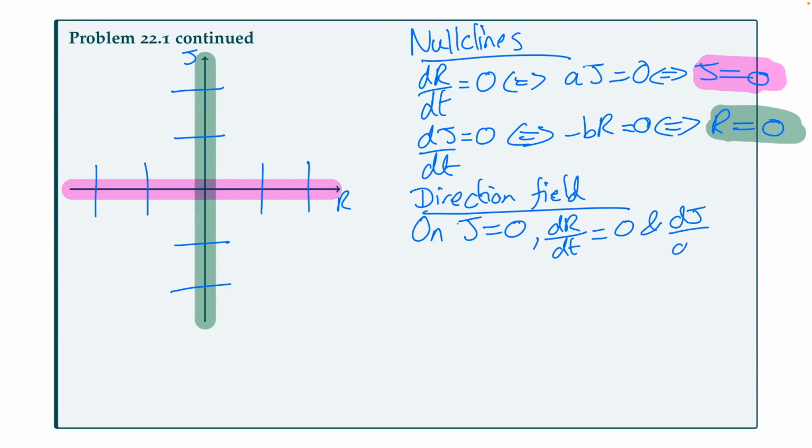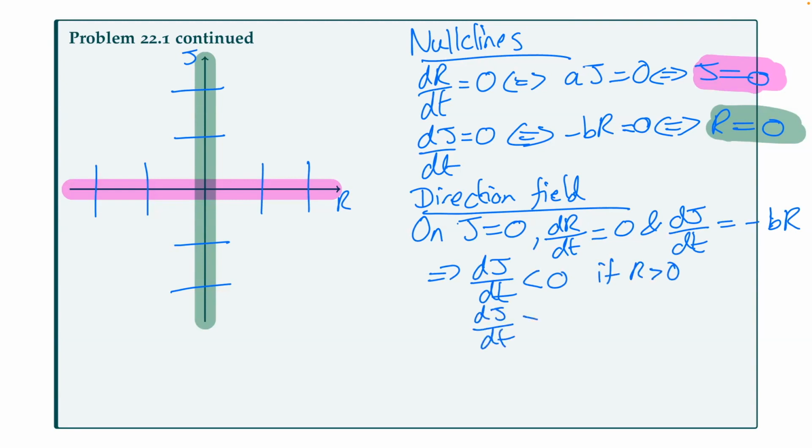So let's look at dj dt. And we know that dj dt is equal to minus b times r. It turns out this doesn't depend on j at all anyway. So what this tells me is that dj dt is negative if r is positive, and it's positive if r is negative.